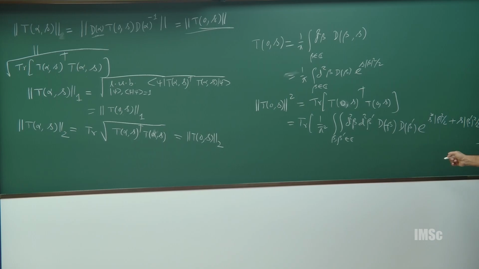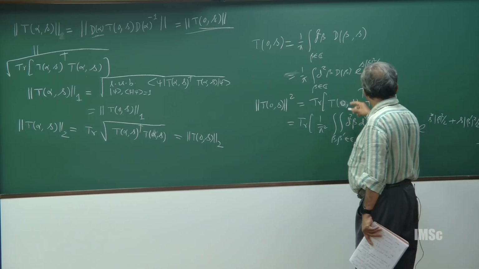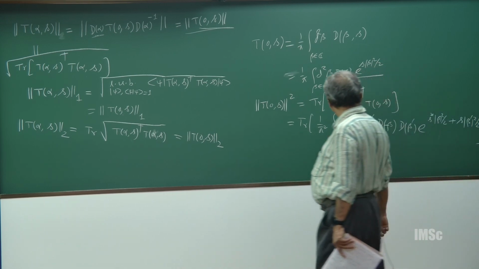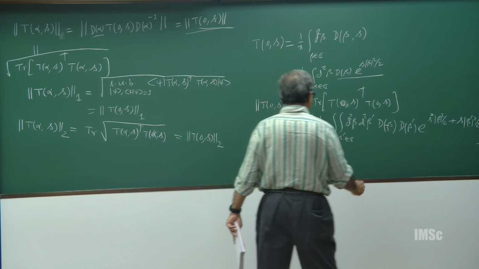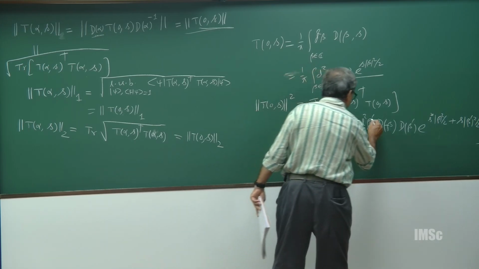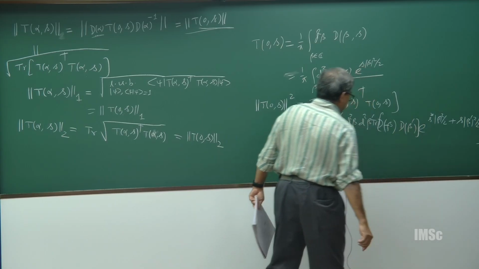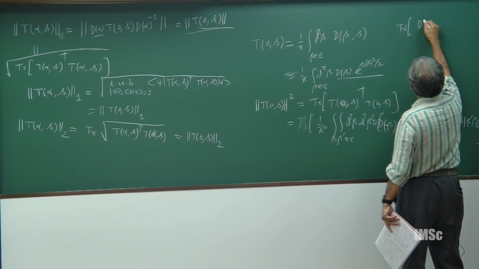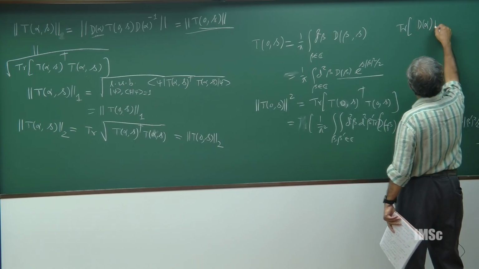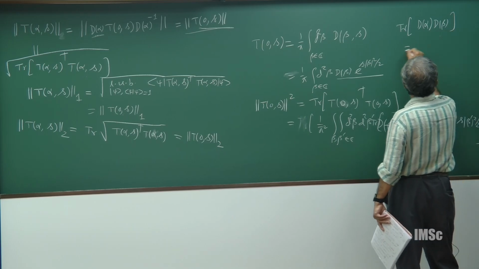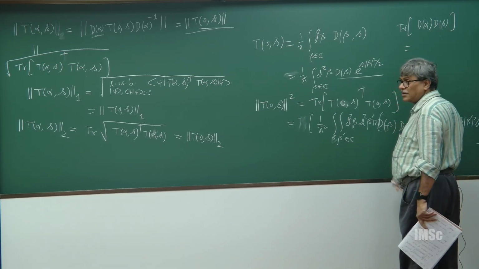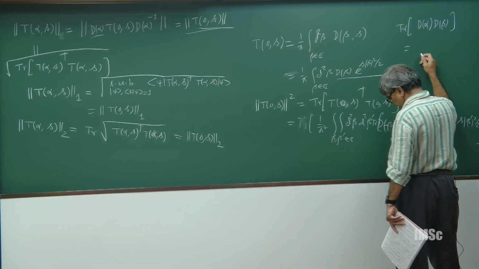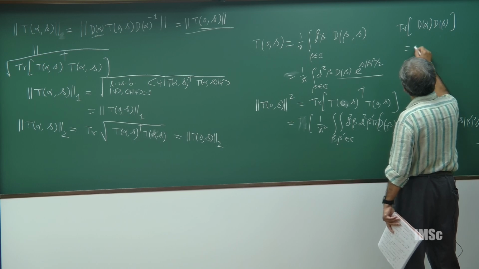Because you use this expression, you can take this trace inside, and we know that the trace of D of alpha D of beta is equal to pi times, right.